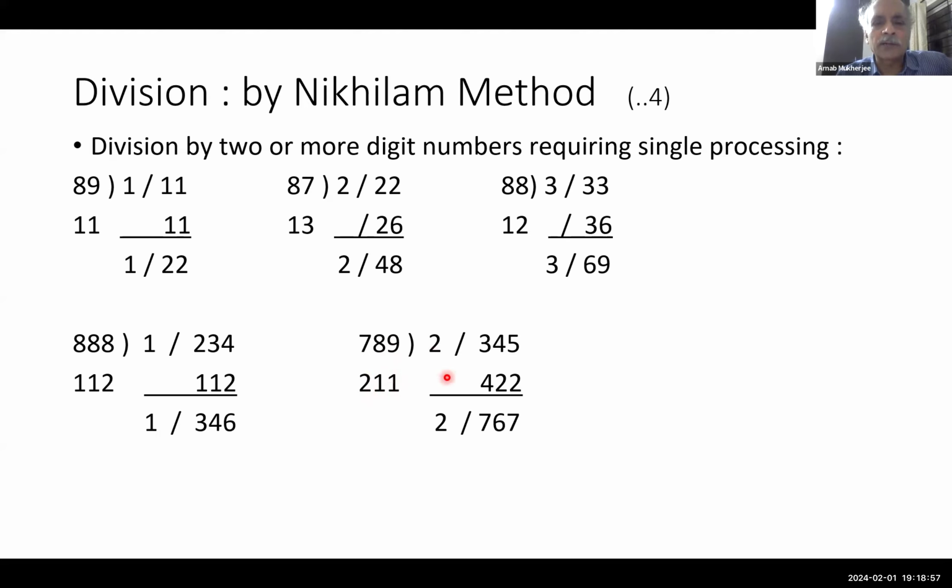So 2 into 211 is 422. Adding up, it becomes 767, and 2 becomes my quotient. Otherwise, you would have to multiply 7, 8, 9 by 2 and subtract, and you ultimately get the same thing. Here only 211 is being multiplied by 2 instead of 789. That is the idea.